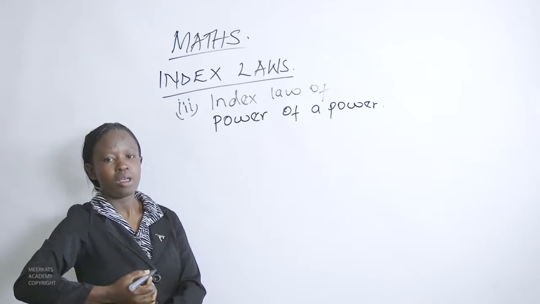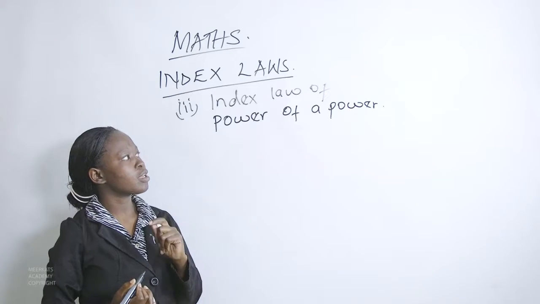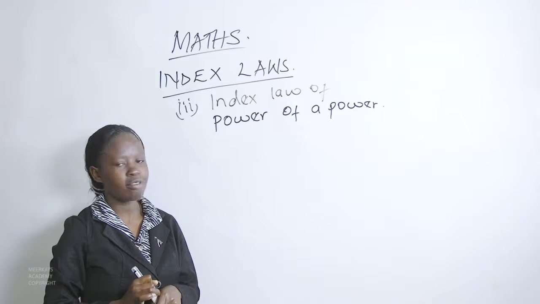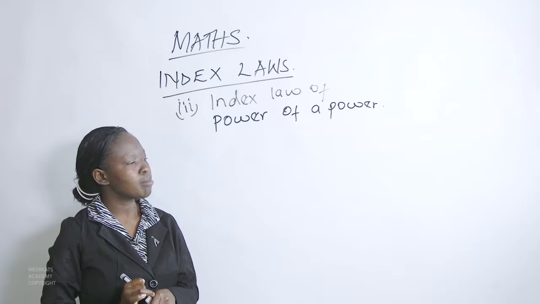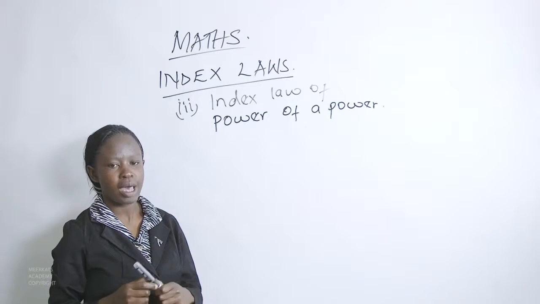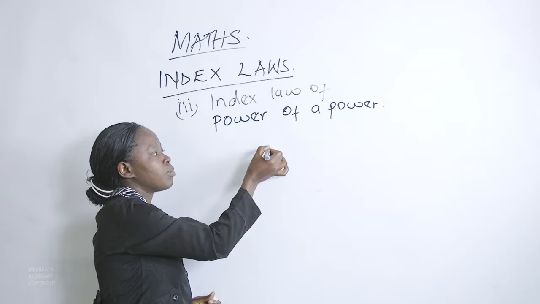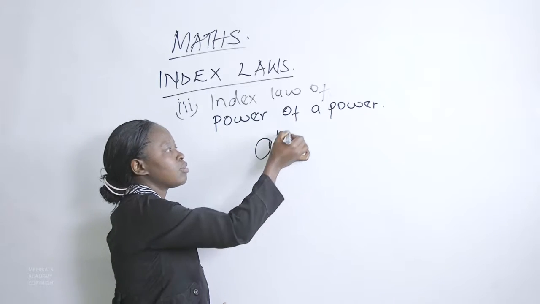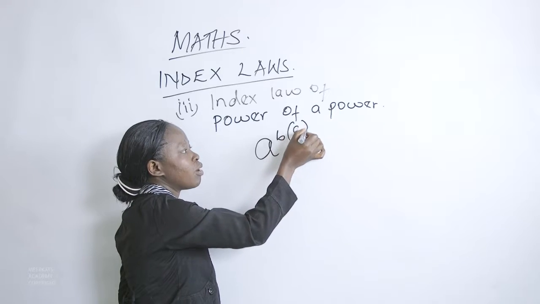The third law we have is the index law of a power of a power. We could have a situation whereby a number is in index form already, but it is to another power. What do I mean by that? I have a to the power of b, and at the same time, we have the power of c.